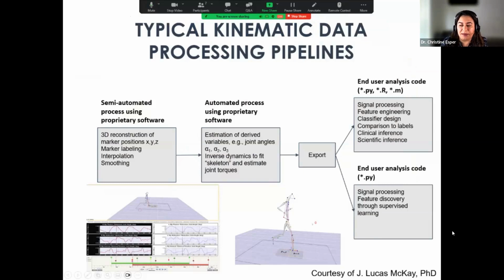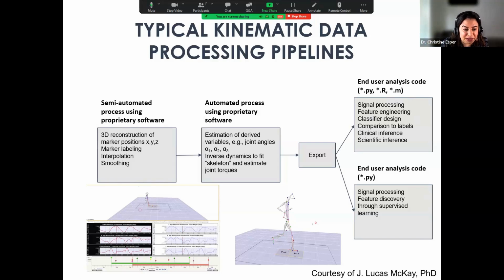So this is, as I mentioned, a pretty involved process. We get a great deal of data after the patient goes through the procedure. Once we have finished evaluating a patient in the motion lab, we do need to process that data. It starts with using some proprietary software where we do 3D reconstructions of the marker positions of the X, Y, and Z axis of each marker.